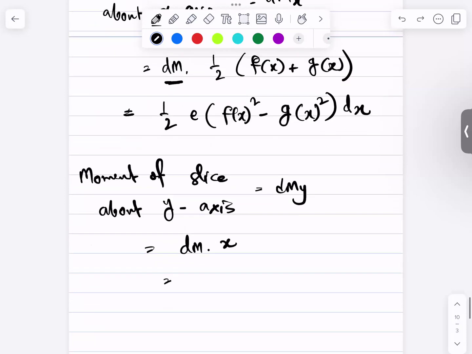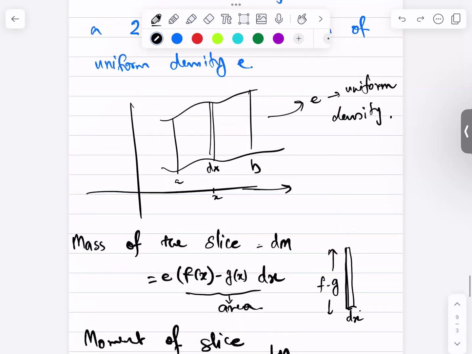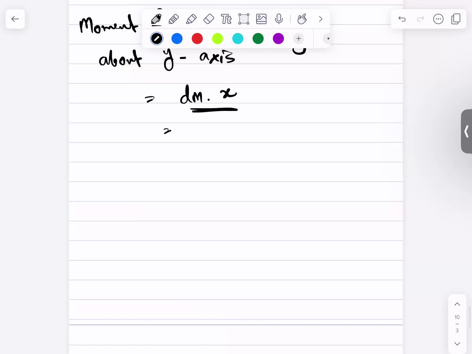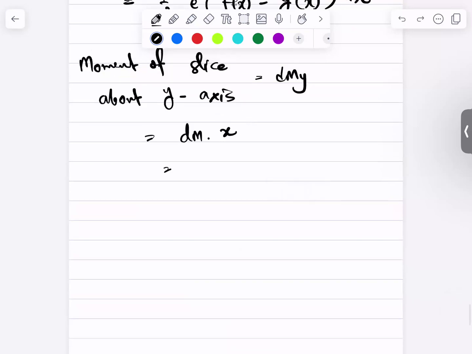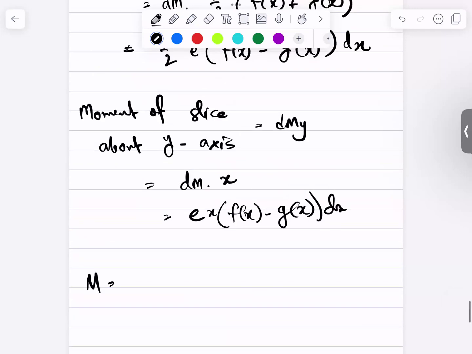And when you consider the moment about the y-axis, then there is no change in x, so therefore I have just dm times x there, right? Okay, and now if I put the value of dm again, I'll get this expression, E times x (f(x) minus g(x)) dx.